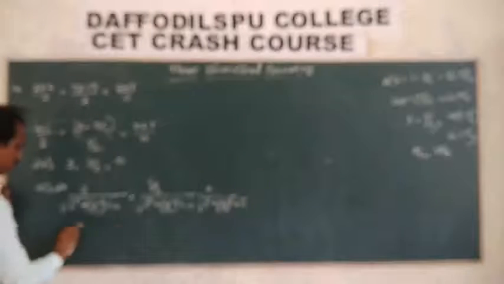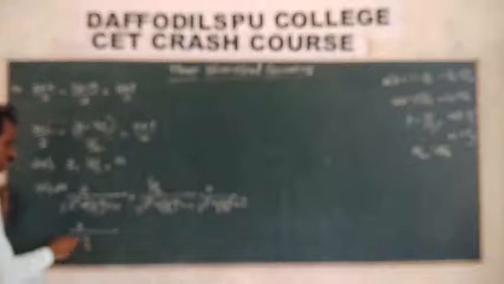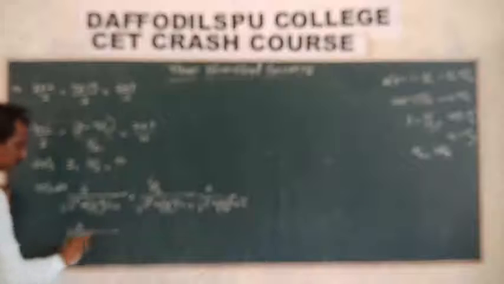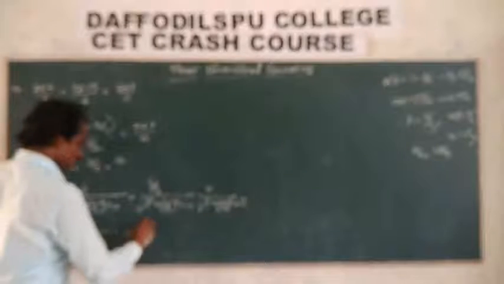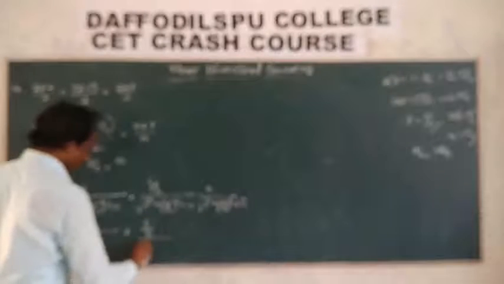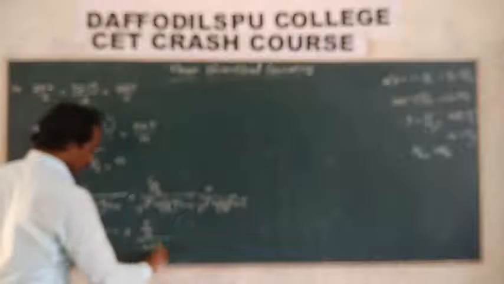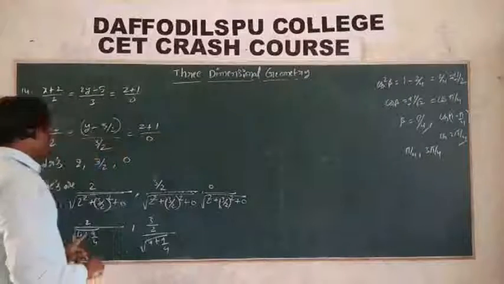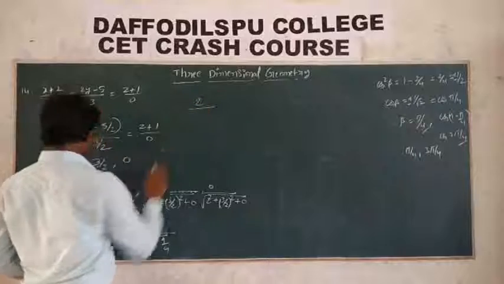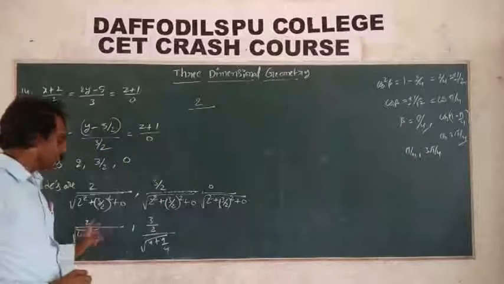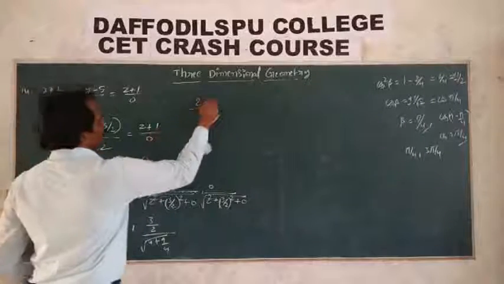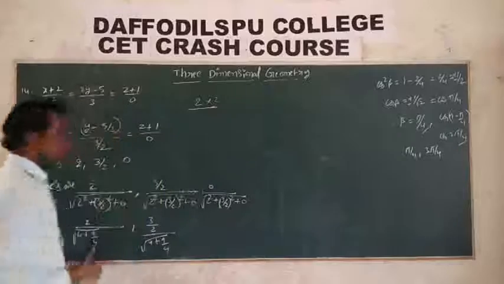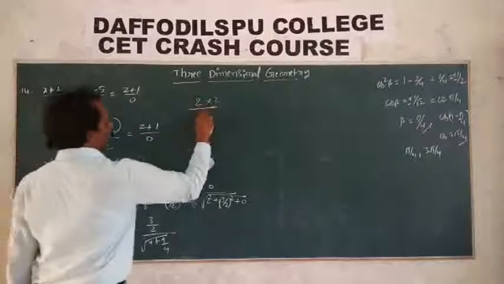So this value is equal to 4 plus 9 by 4, so 9 by 4 plus 4 is 16 by 4, that is 25 by 4. So it is 2 divided by the square root of 25 by 4, so the reciprocal, into 2, gives 4 by 5.